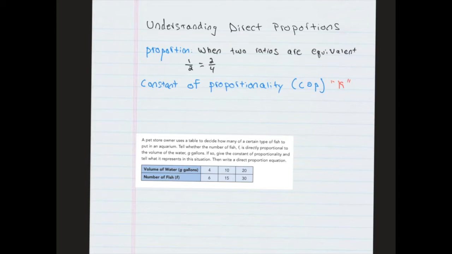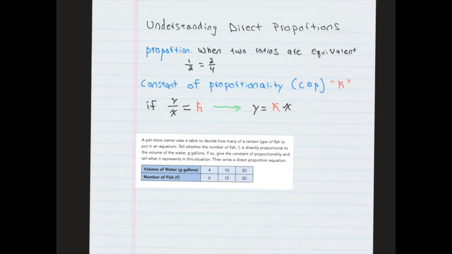So in an equation, if we say we have some ratio y over x, where y could be like the volume of water, x could be the number of fish, so it doesn't have to be just y and x, but if that equals k, another way that we can write it is y equals k, which is that constant of proportionality, times x.